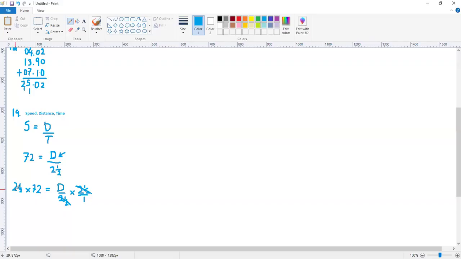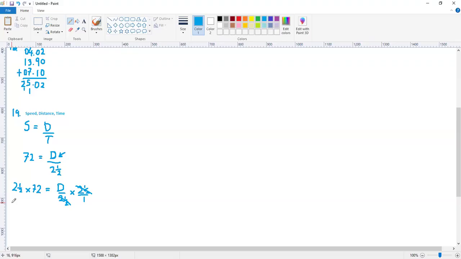Will it become 3? No. You don't remember how we go about making a mixed number an improper fraction?